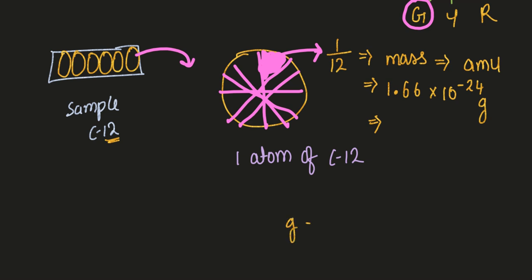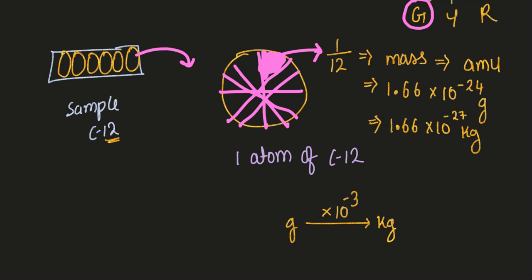As you know how to convert grams to kg, multiply with 10 to the power of minus 3. So how much will you get? 1.66 into 10 to the power of minus 27 kg.